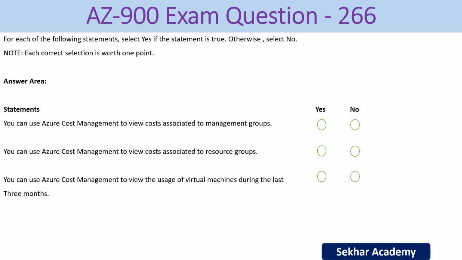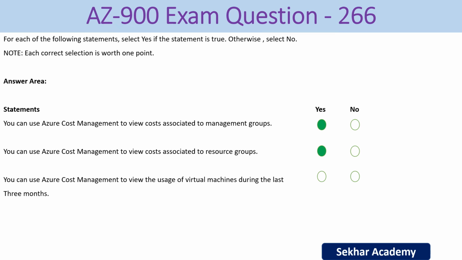Question number 266. We have three statements. Let's go to statement 1: You can use Azure Cost Management to view cost associated to management groups. The right answer is yes. You can view the cost under the management groups. Next statement: you can use Azure Cost Management to view cost associated to resource groups. The right option is yes. Azure Cost Management is a service in Azure where you can also view the cost associated to resource groups and management groups.